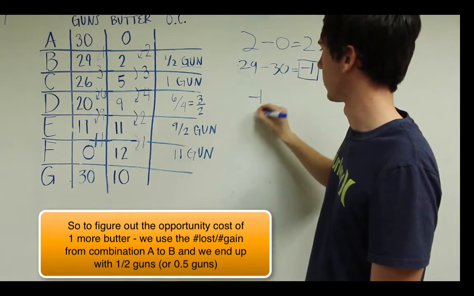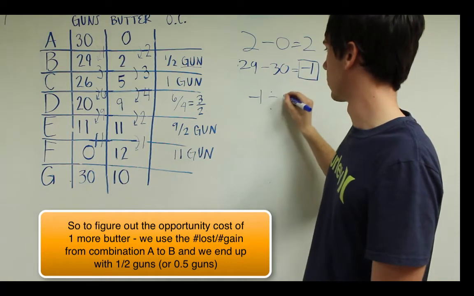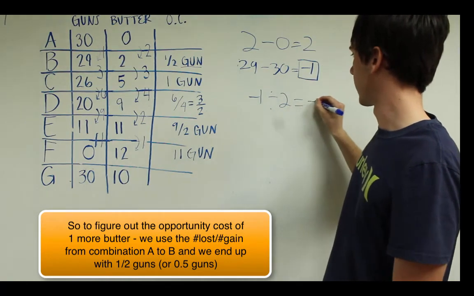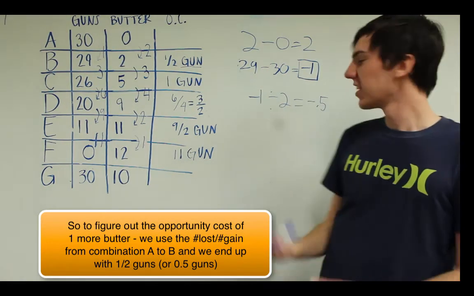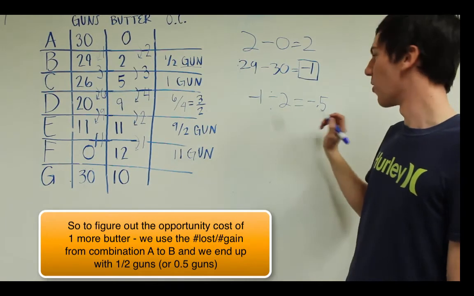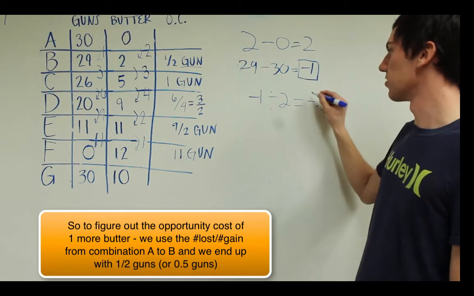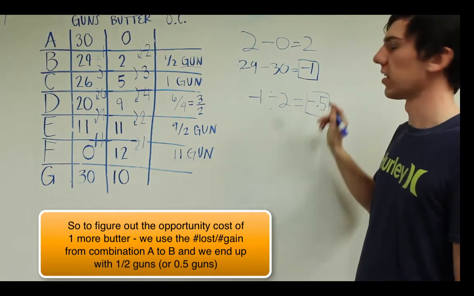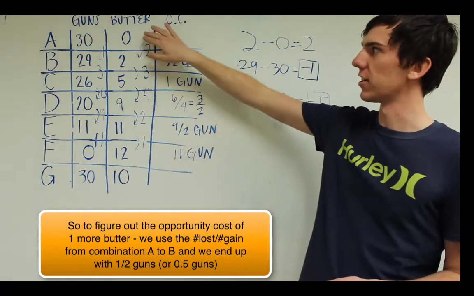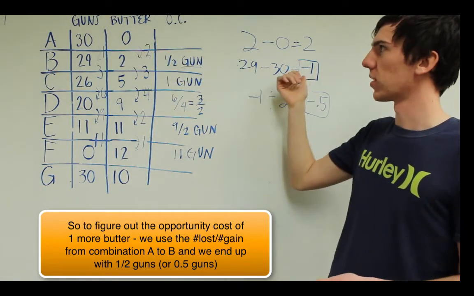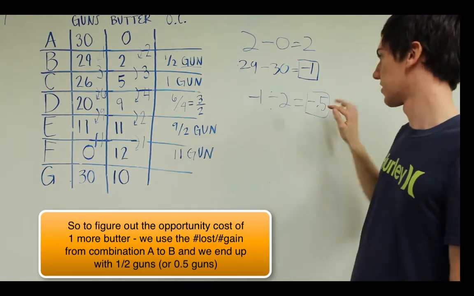So -1 divided by 2 equals -0.5. The opportunity cost of 1 butter is losing half a gun. It makes sense. When you gain 2 butter, you lose 1 gun, so for half of this, you're losing half a gun.